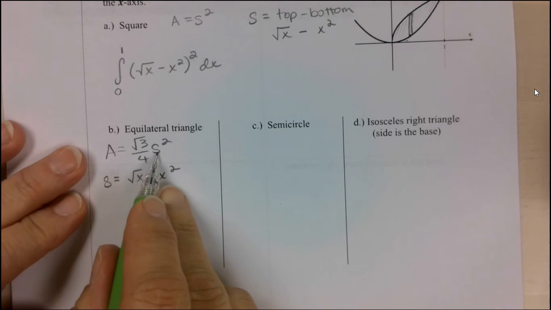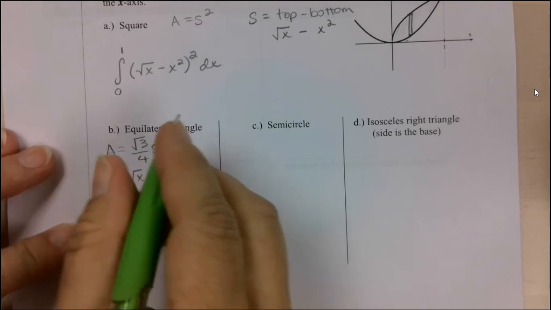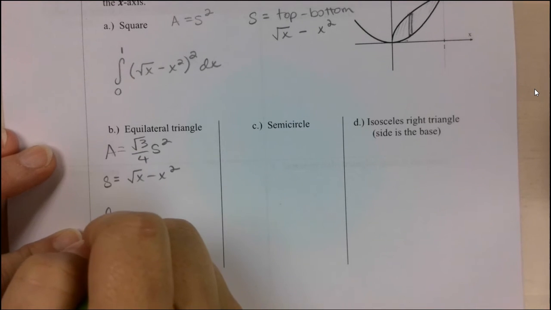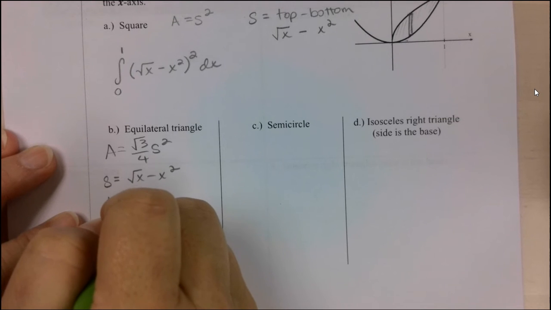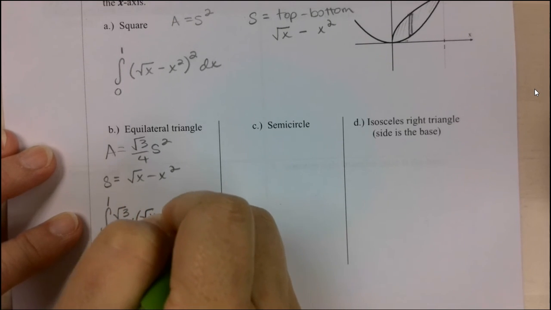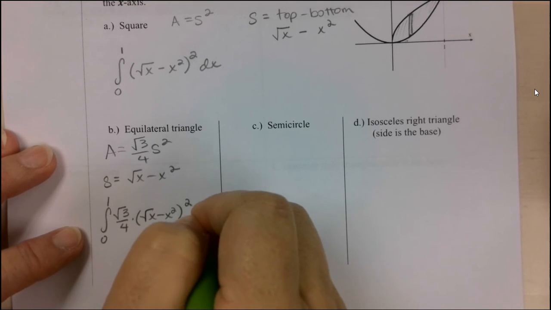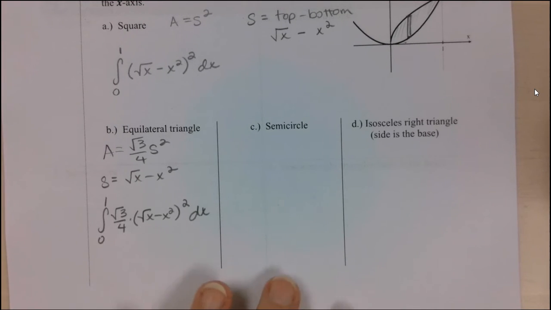And that's the only variable that I have in my formula for the area of the shape. And so I'm ready to plug into the integral. I'm going to integrate from 0 to 1 again. Square root of 3 over 4 times the side squared. And then, of course, times the height of the prism.